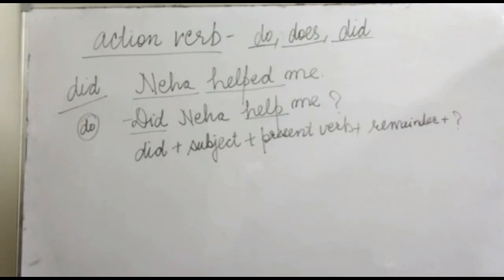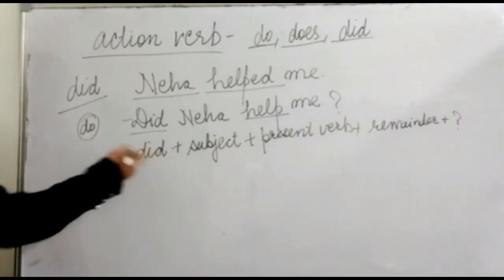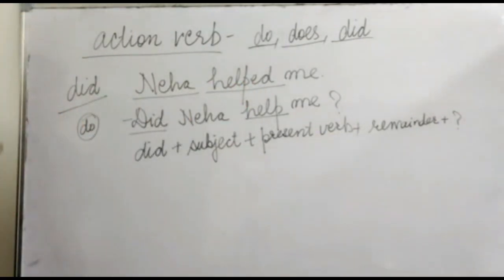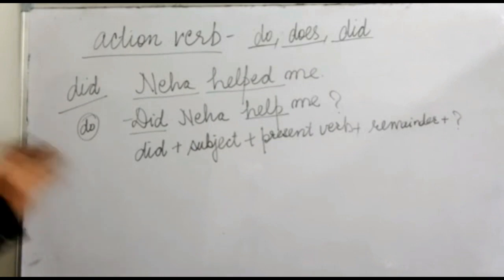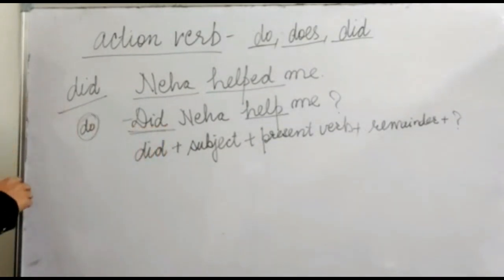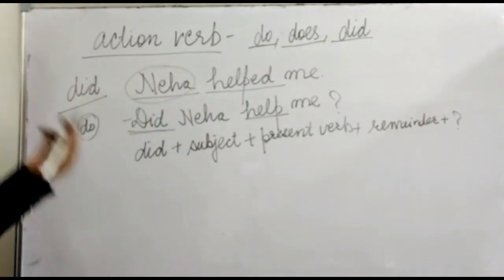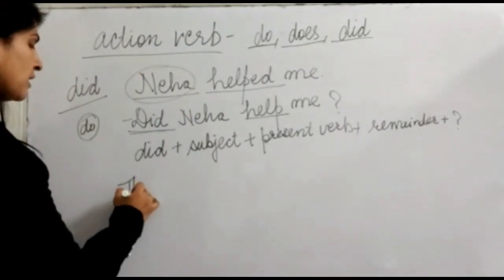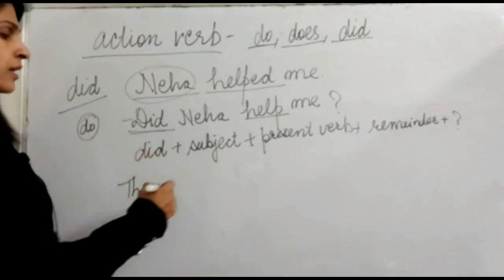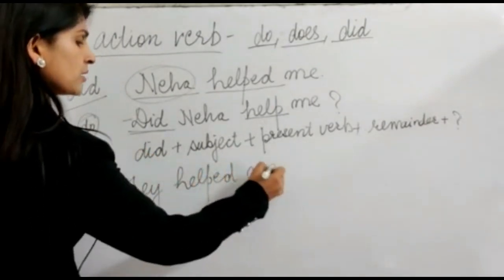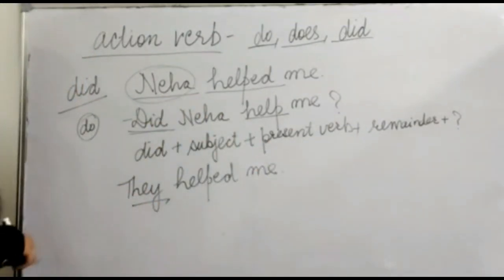We should always start the sentence with did when we have the past verb. Either the subject is singular or the subject is plural, we always have to use did. Suppose in place of Neha, if we had some plural subject, let's say they. They helped me. Now the subject here is plural.